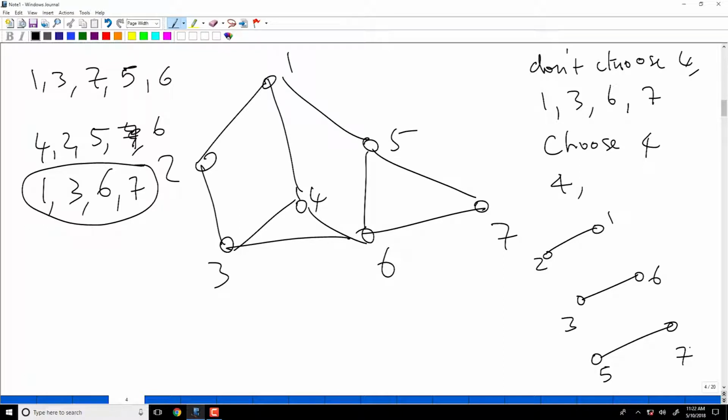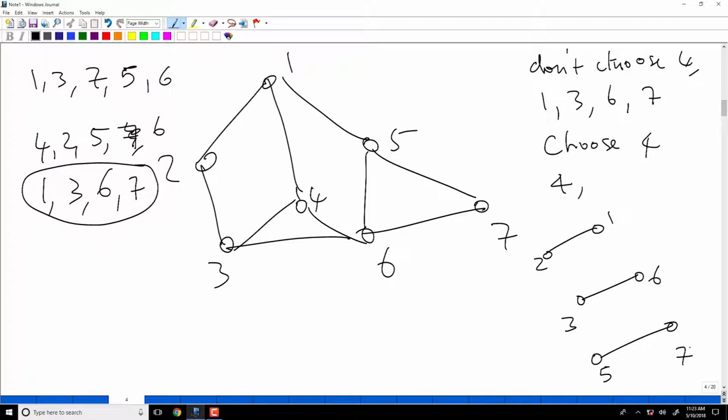You need to pick at least one from each of the matching edges, so you need 3. Even after choosing 4, I have this matching of 1 2, 3 6 and 5 7, so you need at least one from each of the matching edges, so you need 4. Good. So now you understand what vertex cover is and how difficult it is.